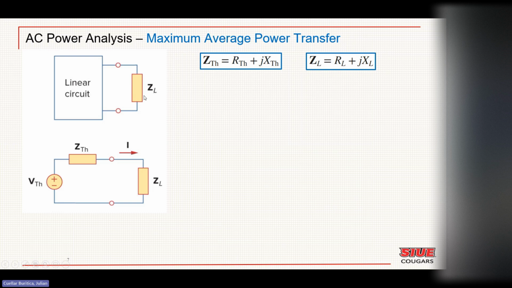This load could be a motor, a light, the heater of a microwave, or something in an industry. And what we want to do is to provide the maximum power from this circuit to that load. Then, what we want to do is to get the best value for that load. This is going to be our load to ensure that it's going to receive the maximum power from our circuit.